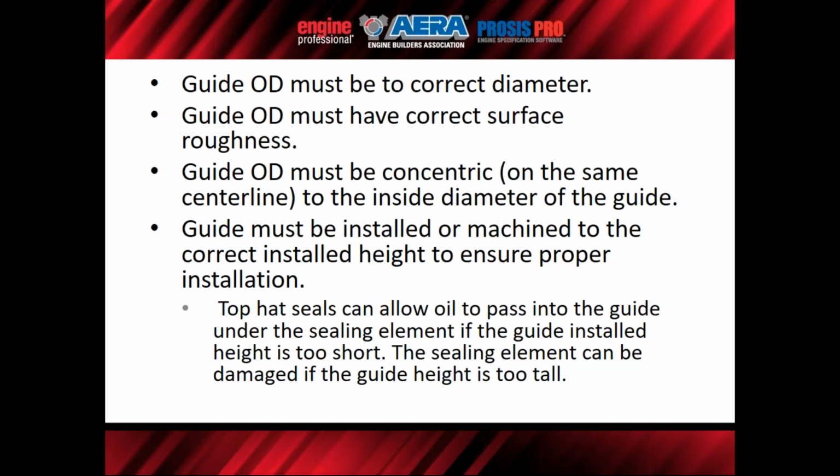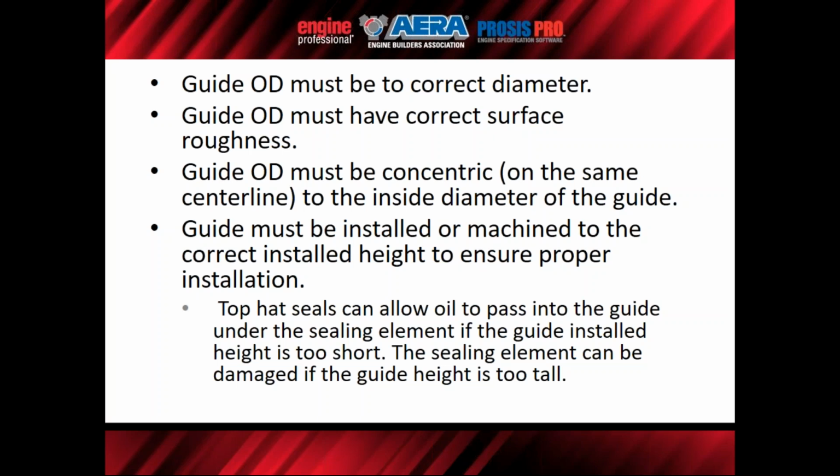Some of those guide tolerances may have had 25, 30 thousandths variation, where most of the guys now, you're talking a maximum of about 2 thousandths on diameter, but typically they're going to be a mean diameter plus or minus a half a thou. So we've really come a long way in controlling that.